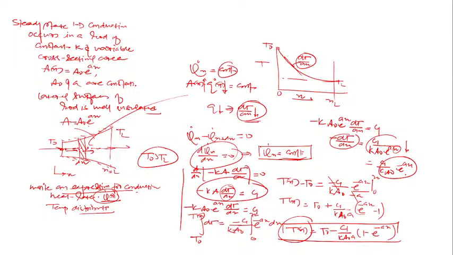Yes or no, beta? Clear? Yes or no? How can you find the temperature distribution? Clear?